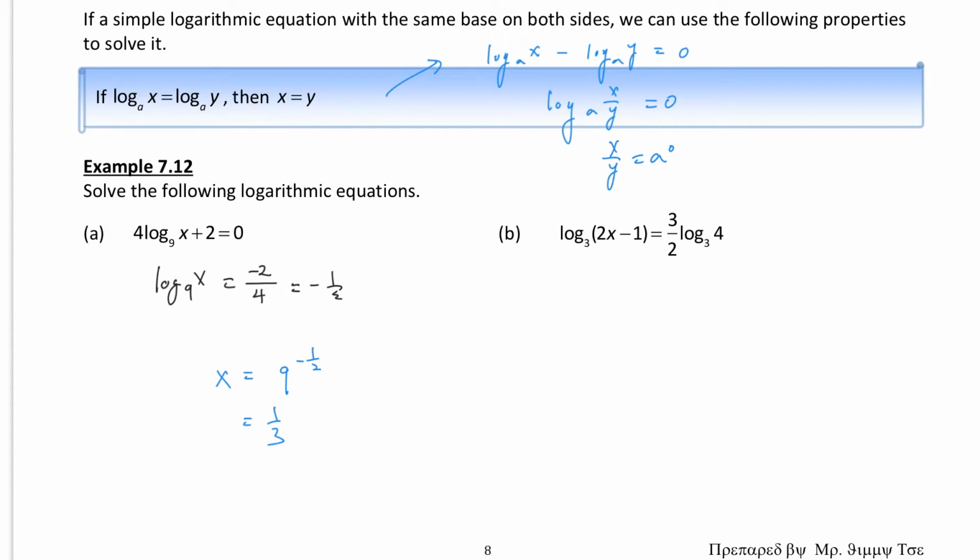So, how to apply this concept in part B? This is log a with base 3. This is 3 over 2 times log b with base 3. So I need to change to log a is equal to log b. So the left hand side, log 4 to the power 3 over 2 with base 3.